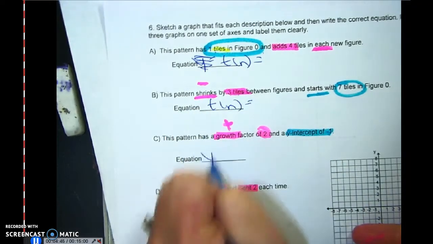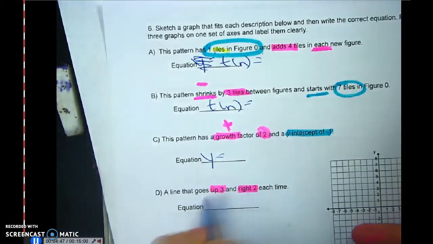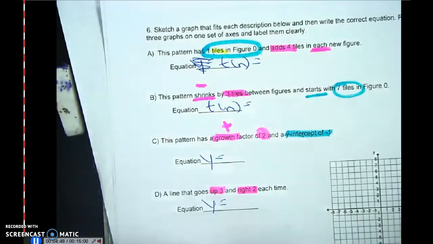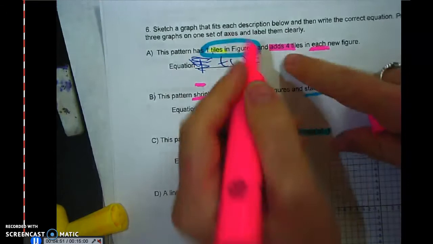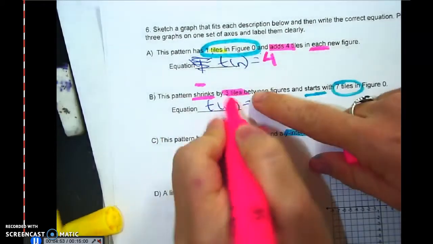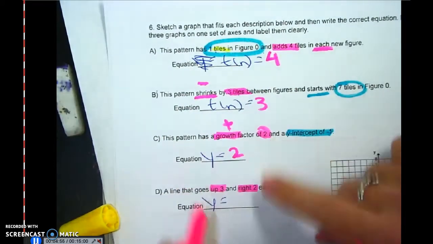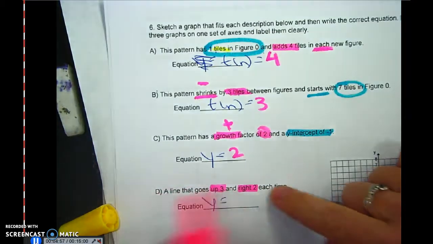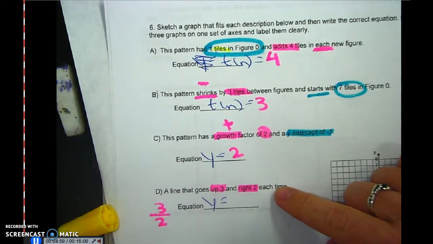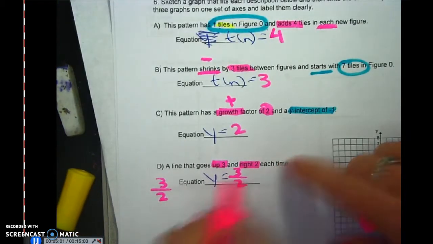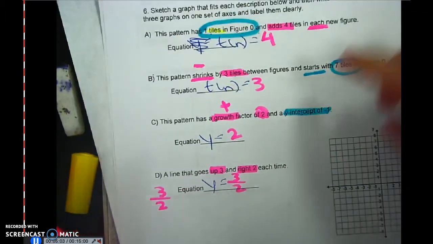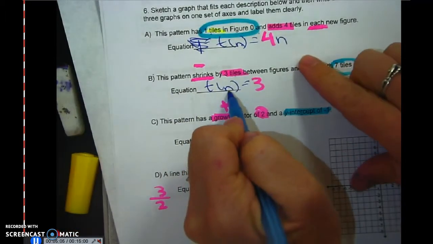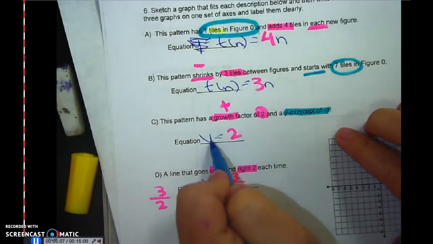Tiles, no, y equals is easier. And then I take the pattern, 4, 3, 2, and up 3, right 2 means 3 over 2. And then since it's t of n, I put an n. T of n, y, x.